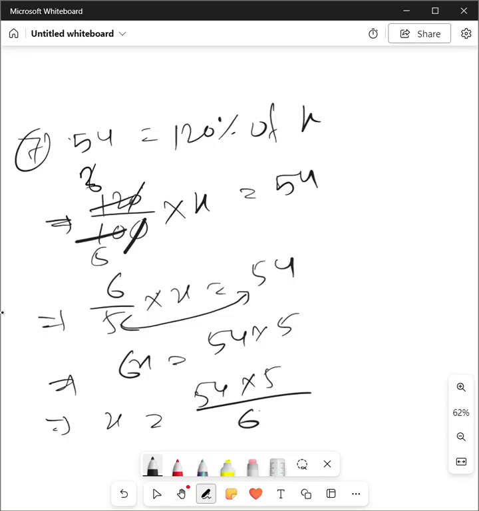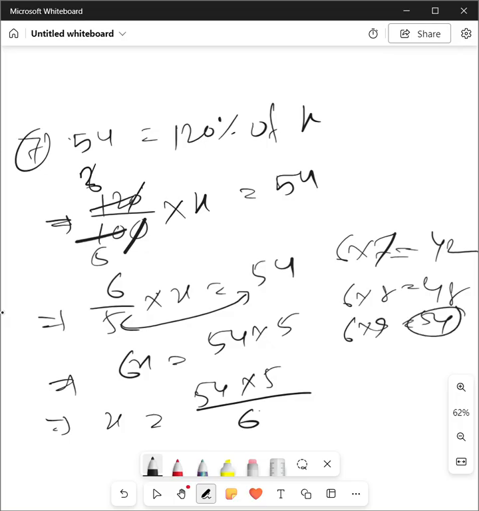We have to read the table. 6 eights are 48, 6 sevens are 42, 6 nines are 54. This is our answer, 9. So 6 goes into 54 for 9 times, and so our value will be 9.